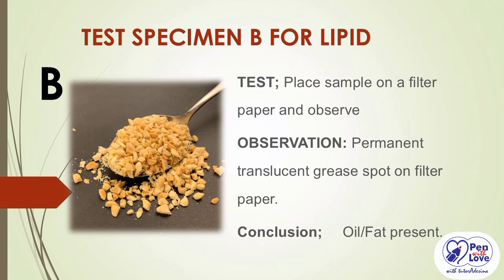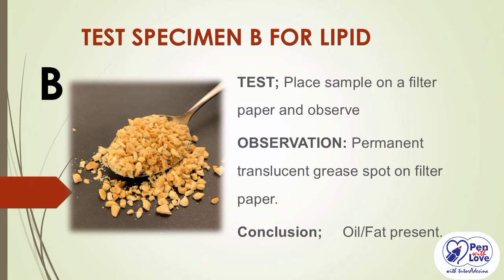So under your test, they will ask you to place a sample of this specimen B on a filter paper. Then they can ask you to squeeze it, so that you observe. Observation is going to show that there is a permanent translucent grease spot on the filter paper.